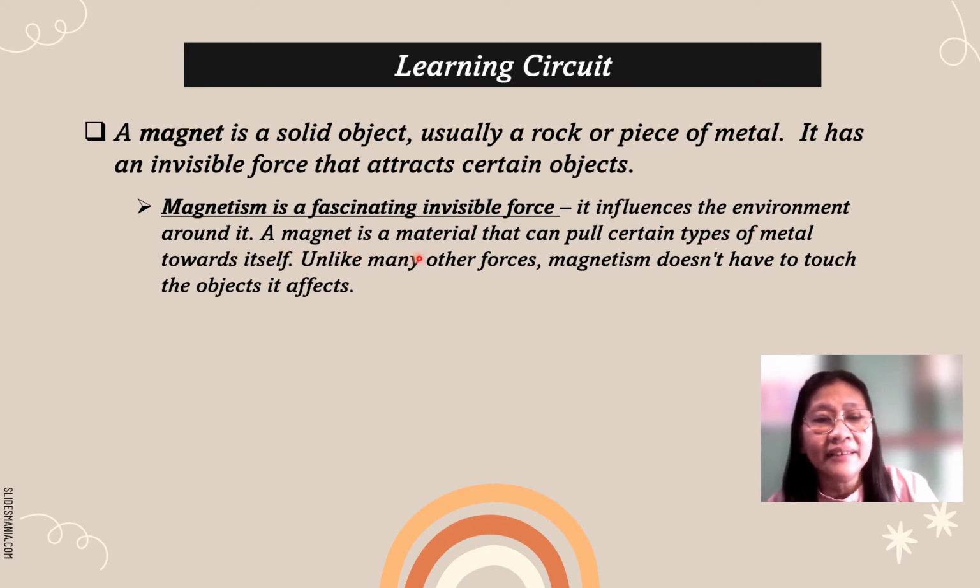A magnet is a material that can pull certain types of metal towards itself. Unlike many other forces, magnetism doesn't have to touch the object it affects.